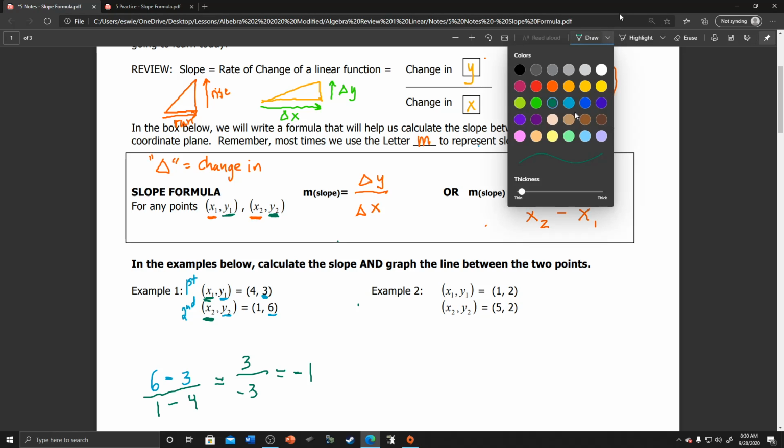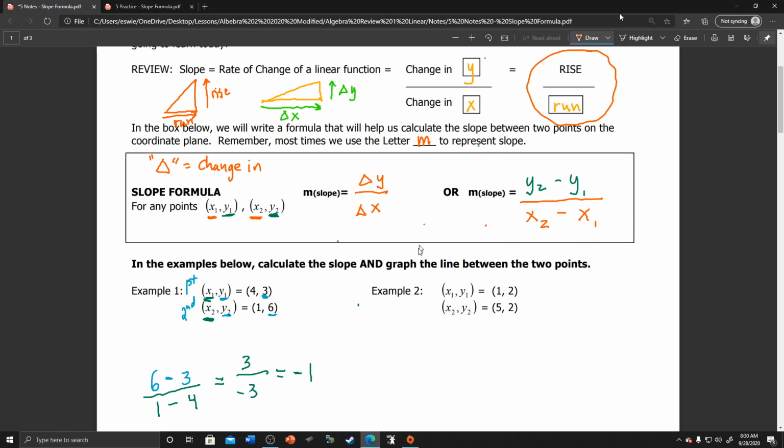So I think the best way to learn this formula is to just use it on a bunch of examples. So I want you to pause the video and try example 2. All right, I'm going to assume you gave that a shot. So let's take the y value of our second point, which is 2, subtract the y value of our first point, which is also 2.